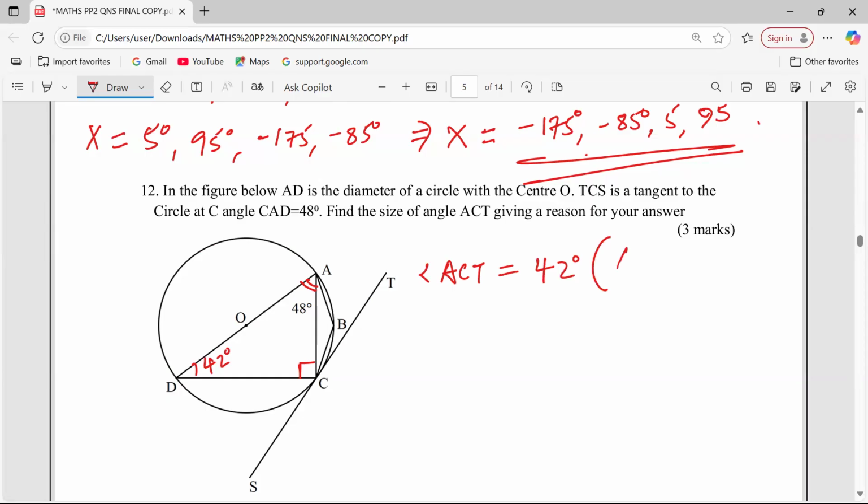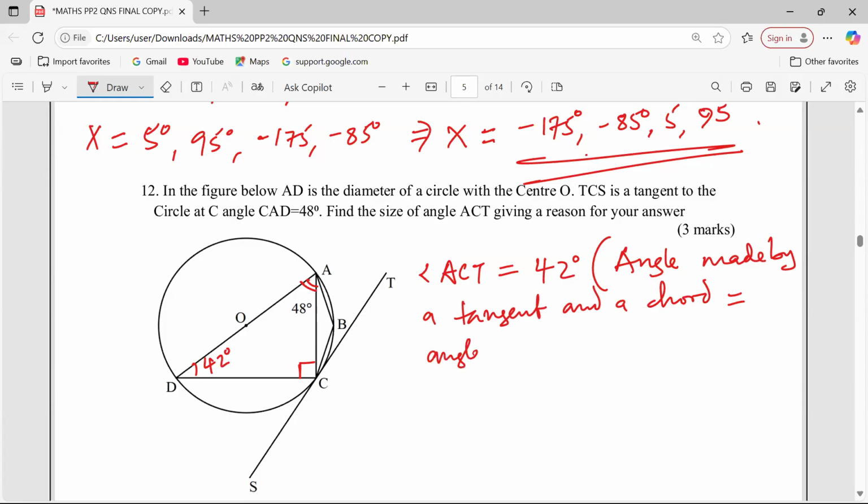The reason being, the angle made by a tangent and a chord equals the angle subtended by the same chord in the alternate segment.